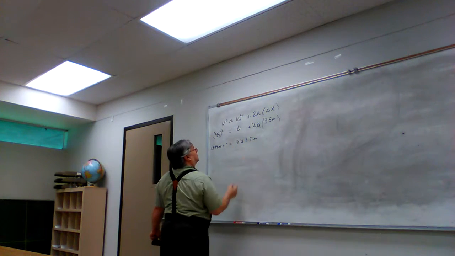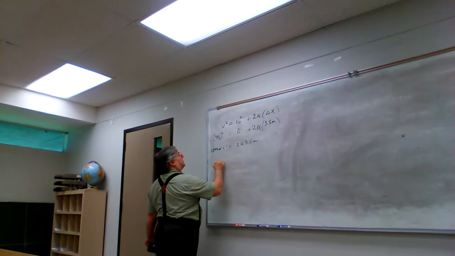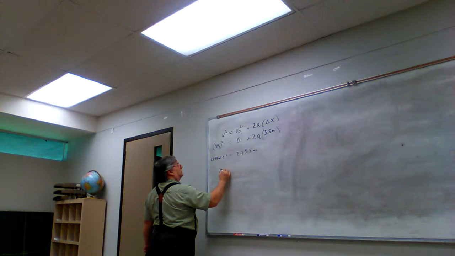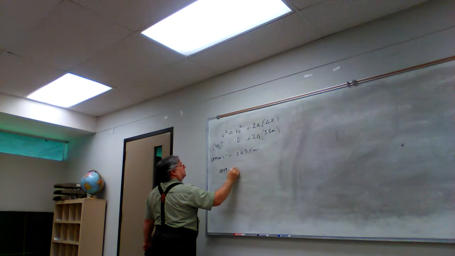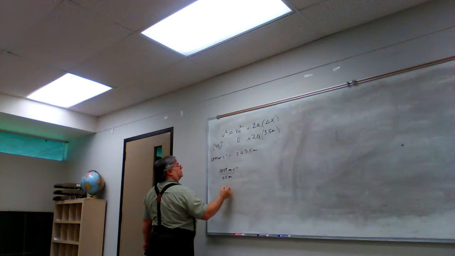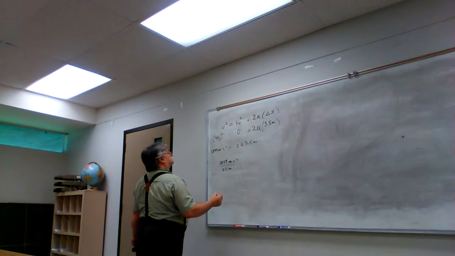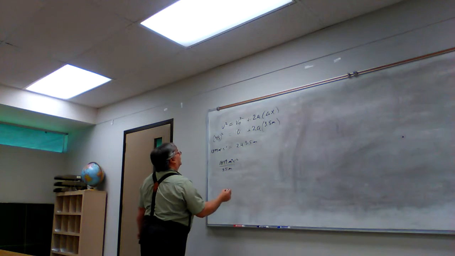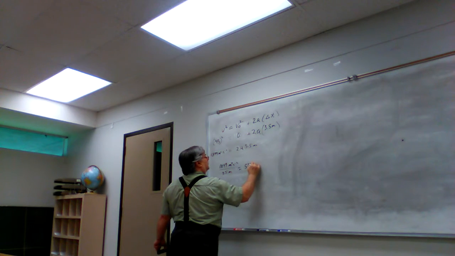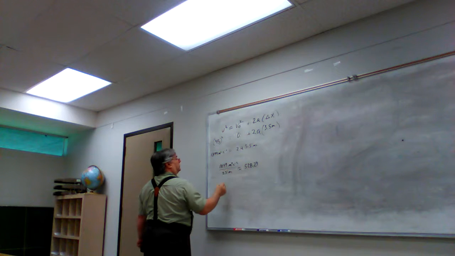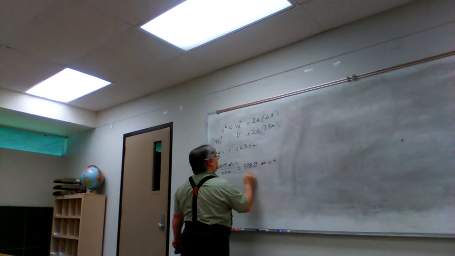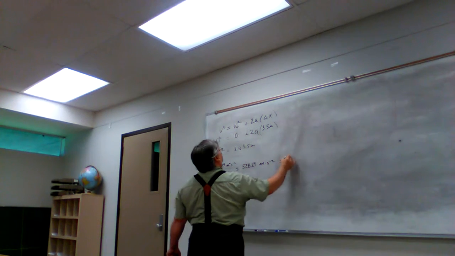So if we divide that by 3.5 meters, what's 1849 divided by 3.5 meters? Equals what? Meters squared per second squared divided by meters leaves meters per second squared. And that's equal to 2 times a.